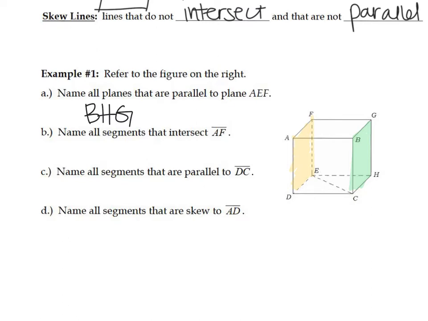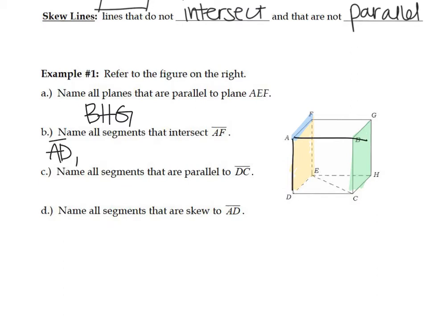Next, we want to name all segments that intersect segment AF. So if we find segment AF right here, we want to figure out the segments that intersect it. Basically, from each endpoint of my segment, I want to name every segment. So starting from A, we have segments AD and AB.